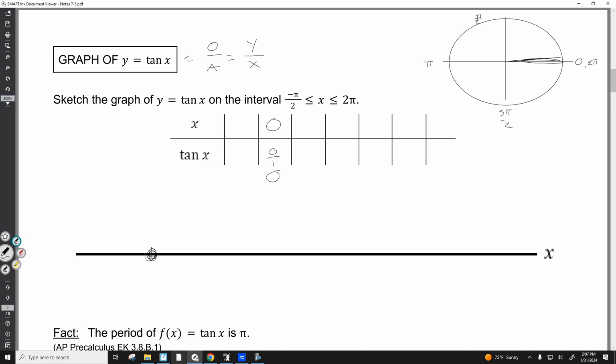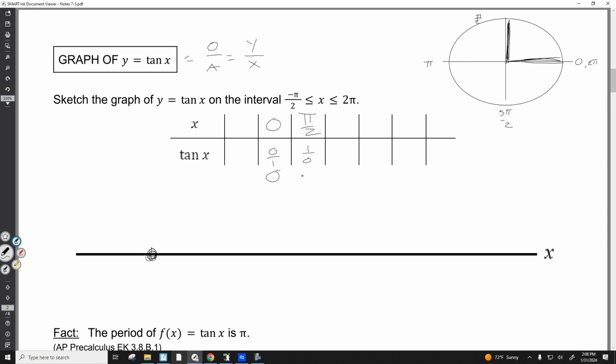Okay, what's the tangent of pi over 2? Don't let me down here. Undefined. Tangent is y over x, which is 1 over 0. You're going up 1. You don't go left or right.